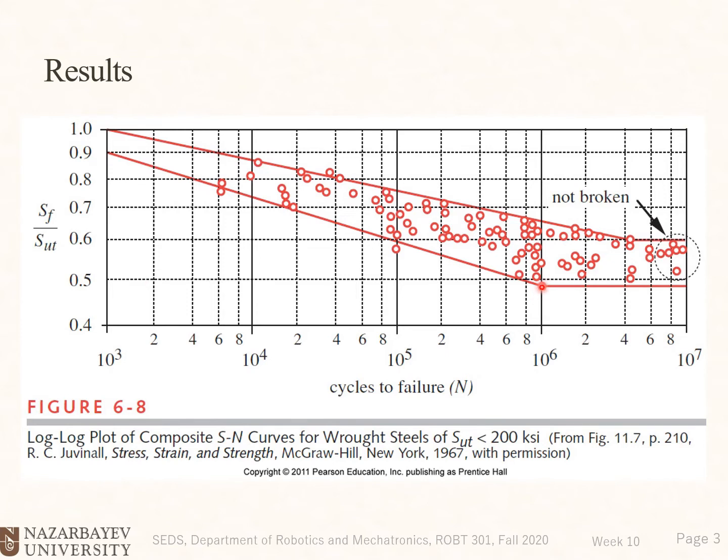So we call it endurance limit, or endurance strength, or SE. And we see that by increasing the number of cycles, the material could keep its strength, and we have a fixed fatigue strength which is equal to the endurance strength.